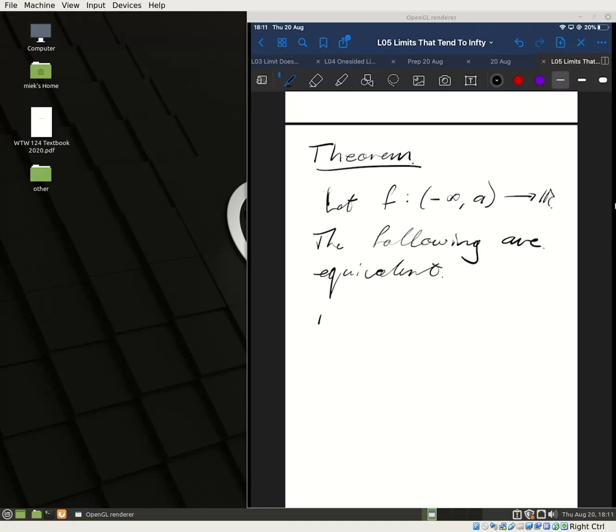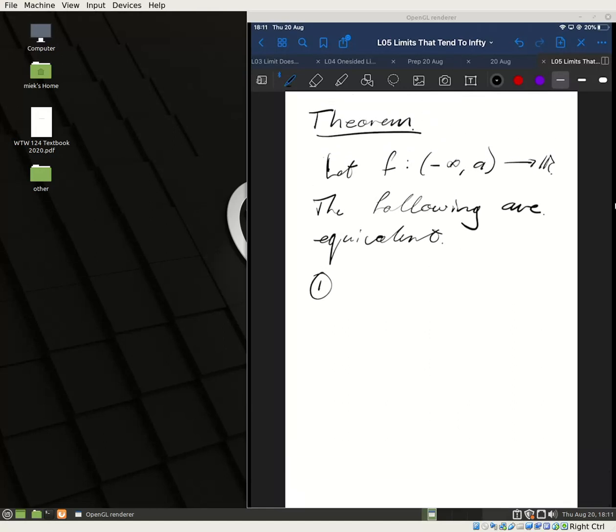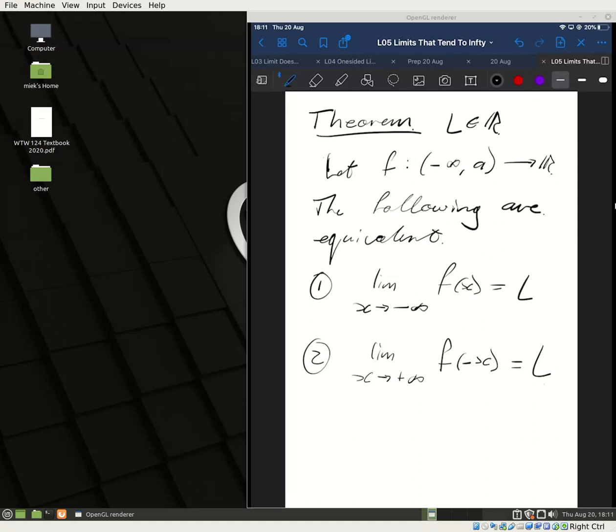The limit as x tends to minus infinity of f of x is equal to L, where L is of course some real number. This is equivalent to saying the limit as x tends to plus infinity of f of minus x is equal to L.